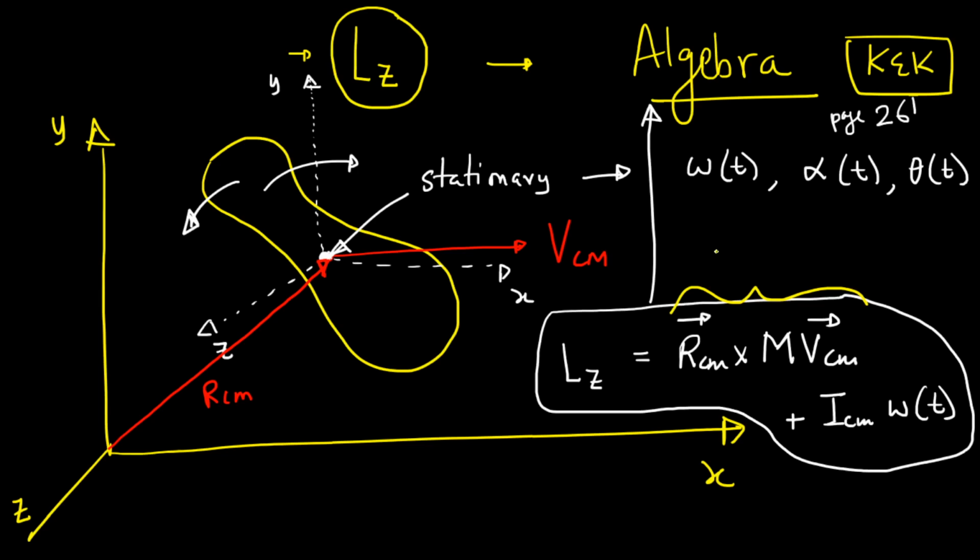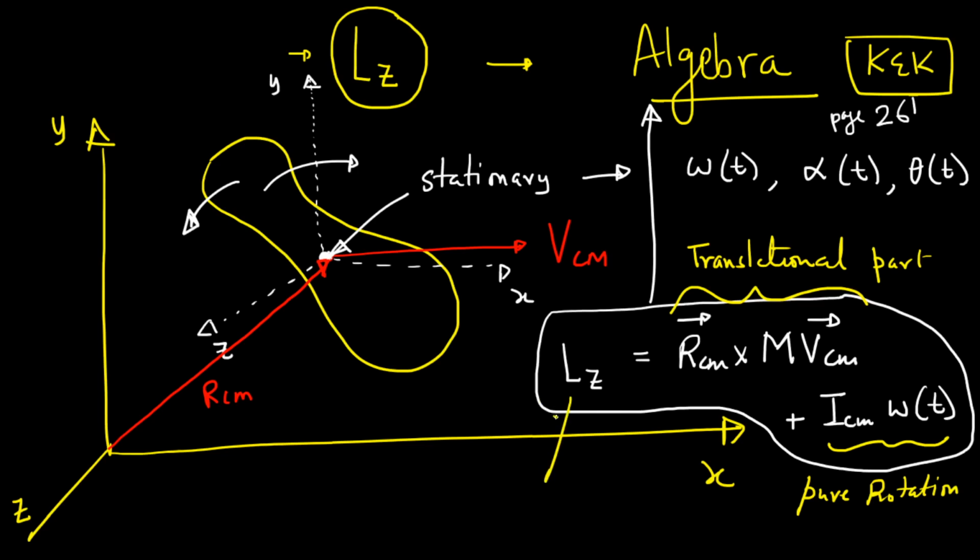This is called the translational component of the angular momentum, and this is called the pure rotation part because the formula is exactly like the formula that we derived in pure rotation, and these two when added up tell me LZ.